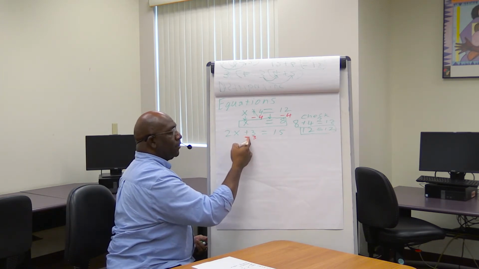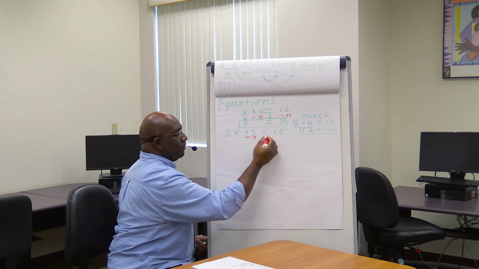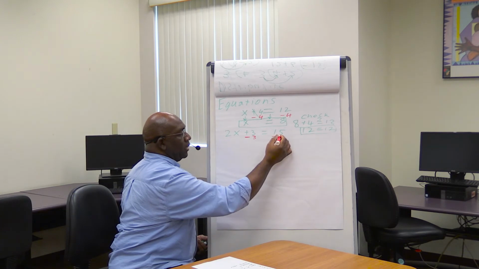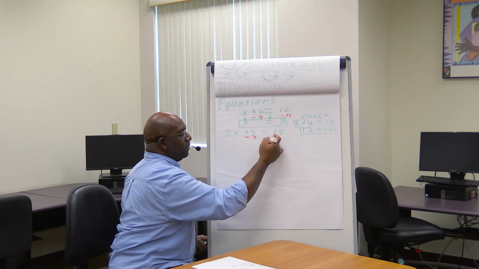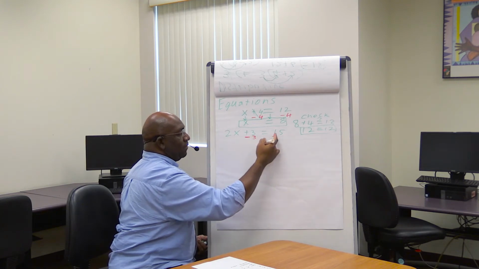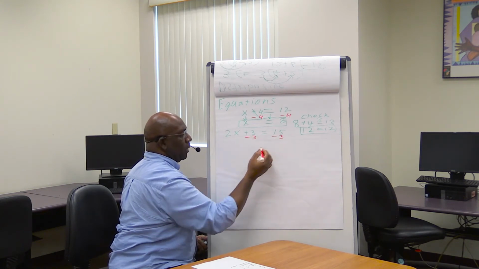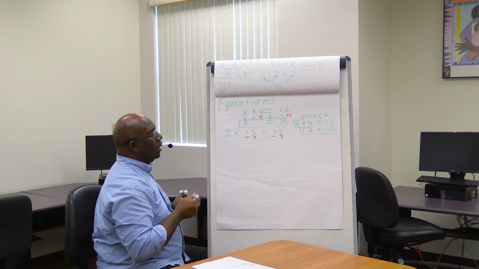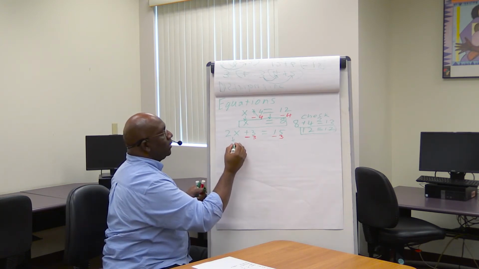The inverse of 3 is negative 3. Inverse of 3 from 5, or 5 minus 3, is going to give me, bring down my 2x.